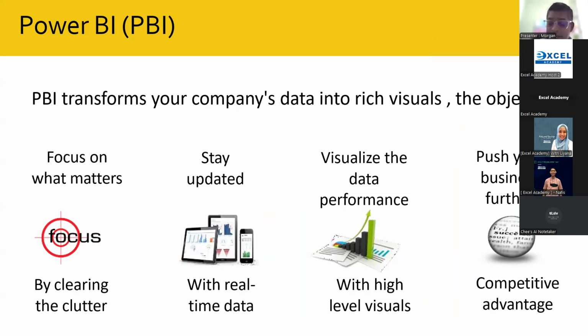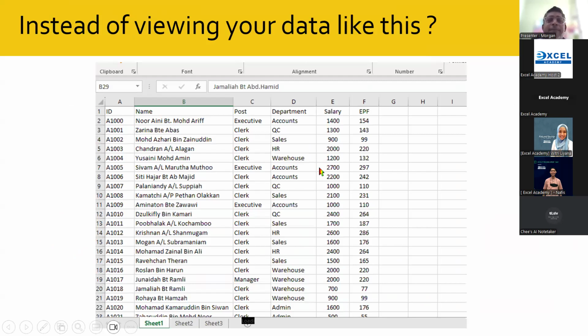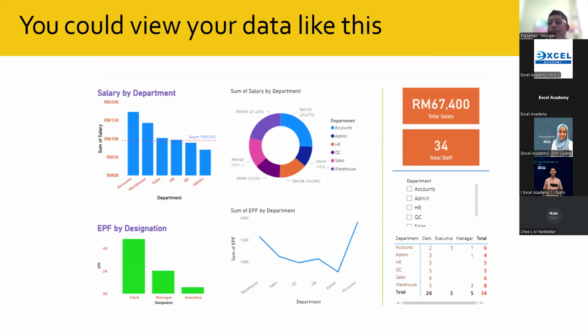All right. Now, let's say I give you a simple example dekat sini ya. Let's say you have a data set yang nampak macam ni. This is the data of your staff, your staff list, your salary, your EPF, and all that is here. Then you can easily convertkan this into this dalam masa seminit atau dua.